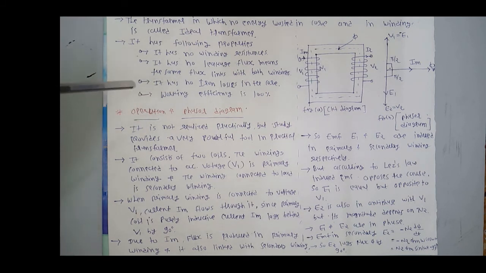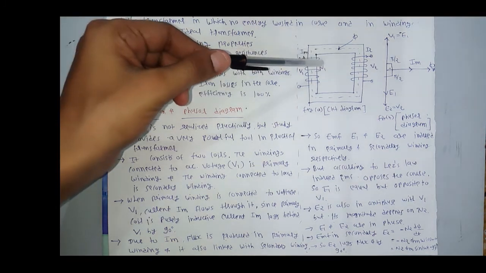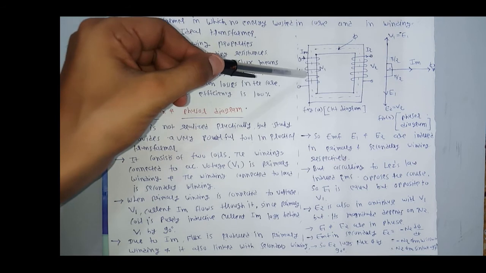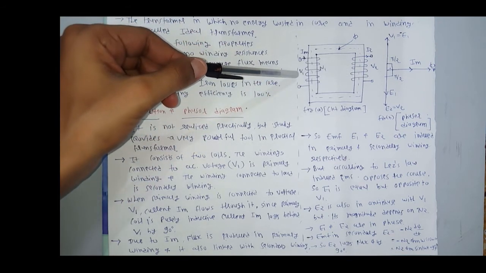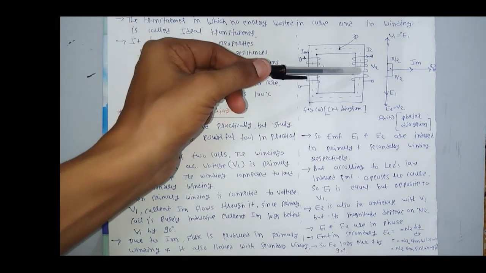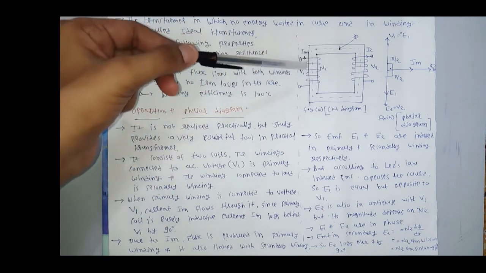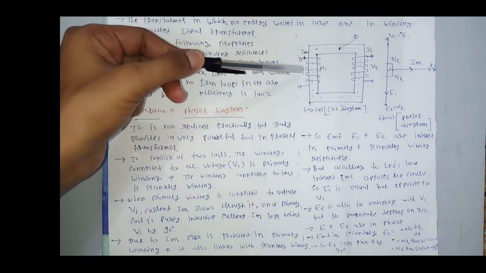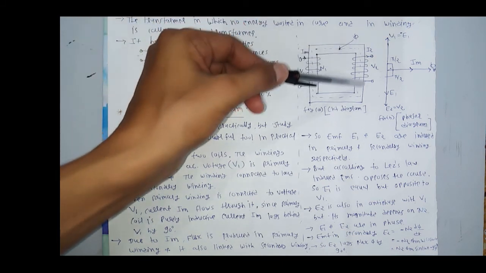Again I revise this. So first of all, here is the ideal transformer, with two windings. The first winding is connected to V1 and the second winding is connected to the load. When we apply voltage V1 to the primary winding, flux is produced through it.